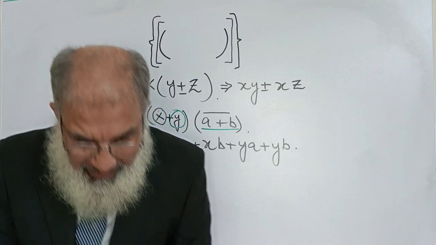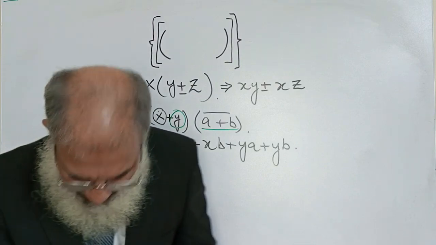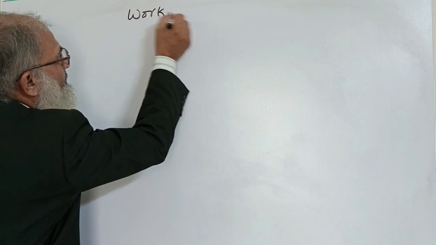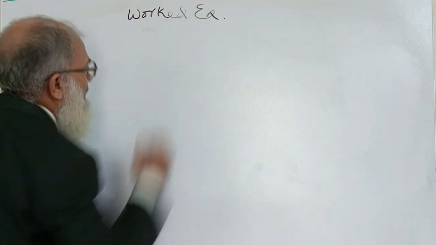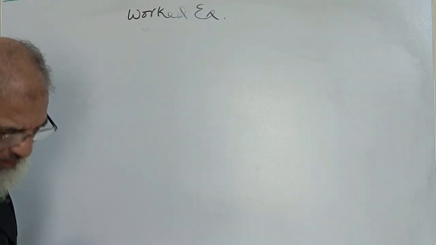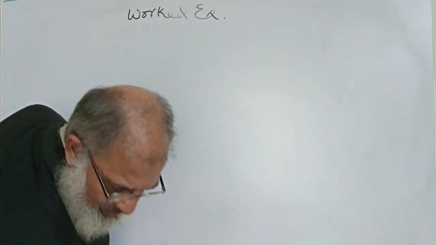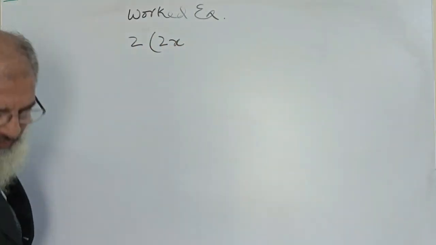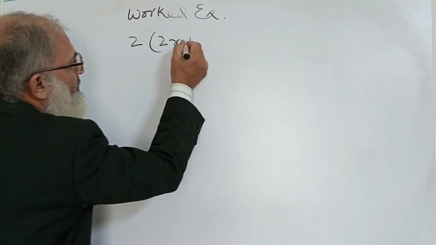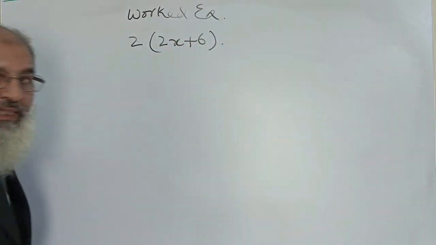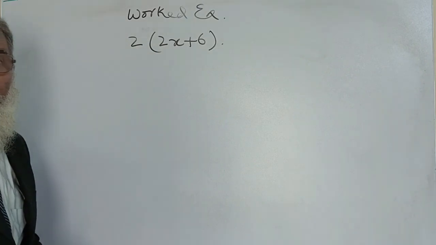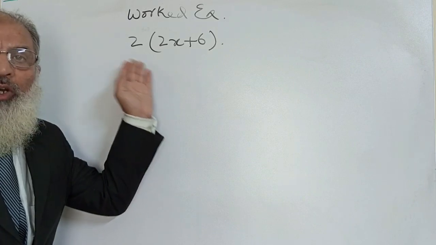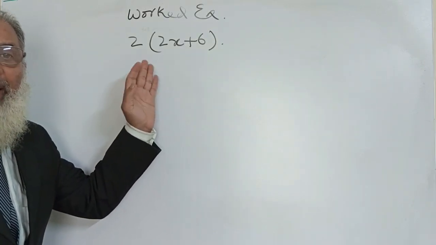Now, let us start from worked example, page number 33. So, worked example number 1: 2 times the bracket 2x plus 6. Now, as I told you in my previous example, it can be either a constant or a term or whatsoever. It can be a variable.